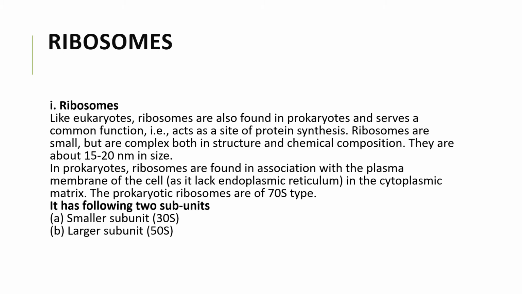Prokaryotic ribosomes are of 70S type. In the next slide we will know what this S is. The 70S type has two subunits: a smaller subunit of 30S and a larger subunit of 50S.